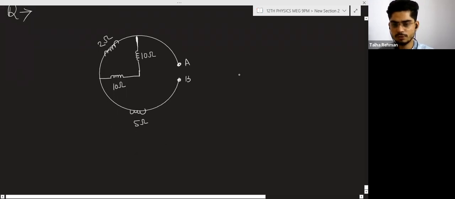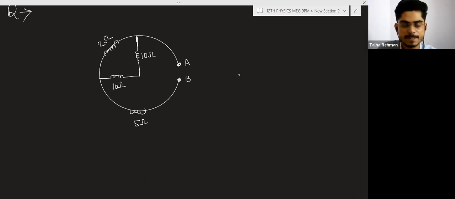So now look at the circuit very carefully.